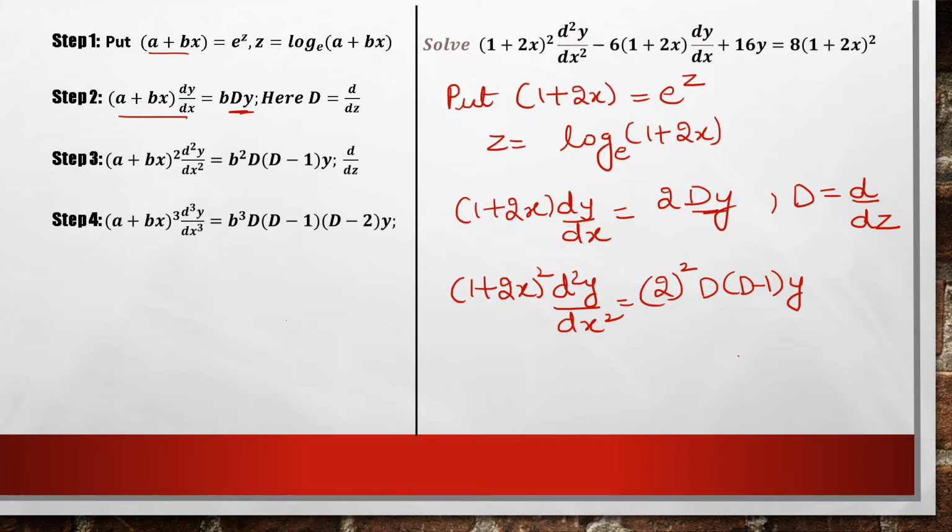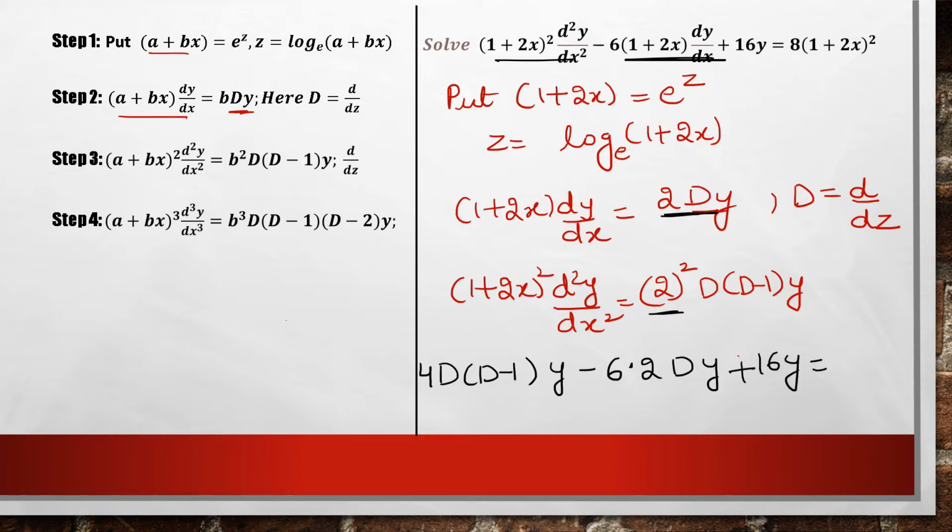So what we will get? This is D (D minus 1) into this 4, y, minus 6 into this 2 D y, plus 16y. Now please don't forget to change the right hand side. What was your 1 plus 2x?